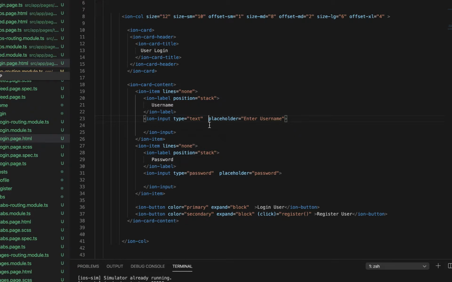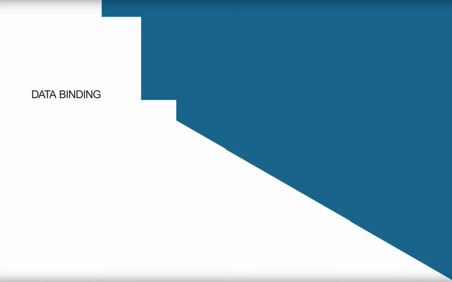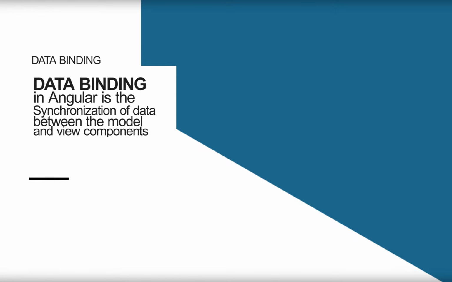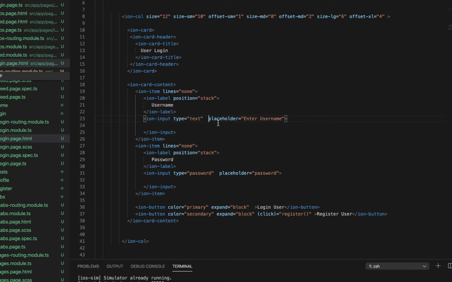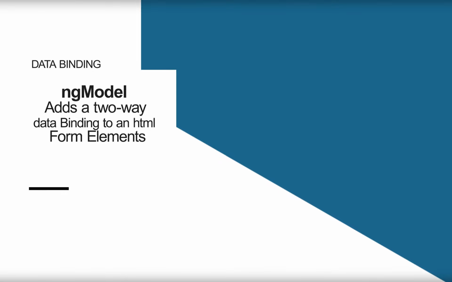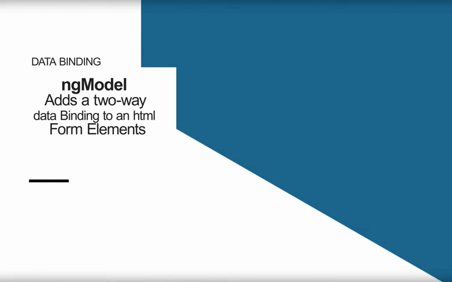So let's look at what is data binding. First of all, data binding in Angular is the synchronization of the model and the view. We are going to be looking at ngModel. ngModel stands for a two-way data binding to HTML form elements.